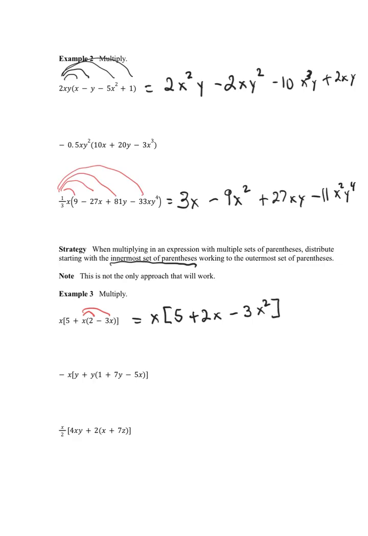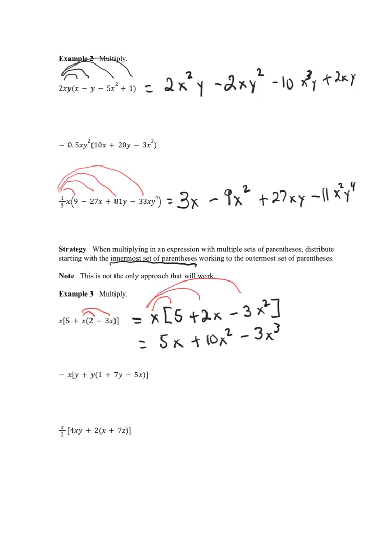So you see that cleared out the parentheses. Now you can distribute the x through the bracket because that's just the same as a grouping symbol. Parentheses, brackets, they both represent multiplication. So 5x plus 10x squared minus 3x cubed.